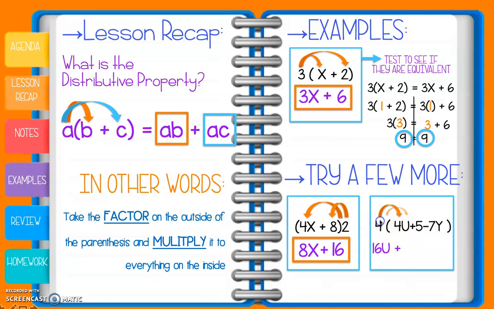Then we have 4 times 5, which gives us 20, and we drop down our subtraction sign. Then we have 4 times 7y, and we get 28y. So 16u plus 20 minus 28y is our equivalent expression.